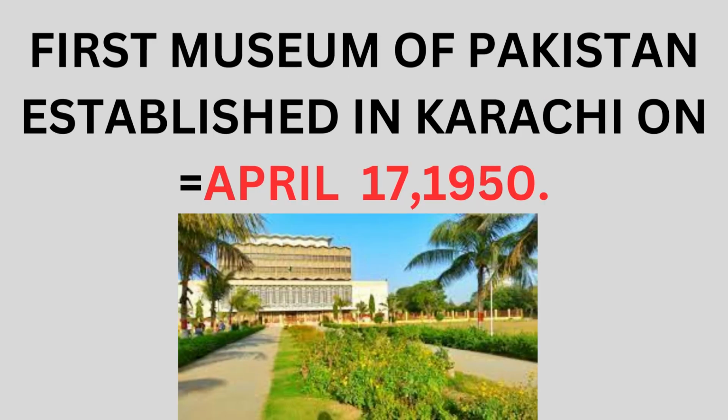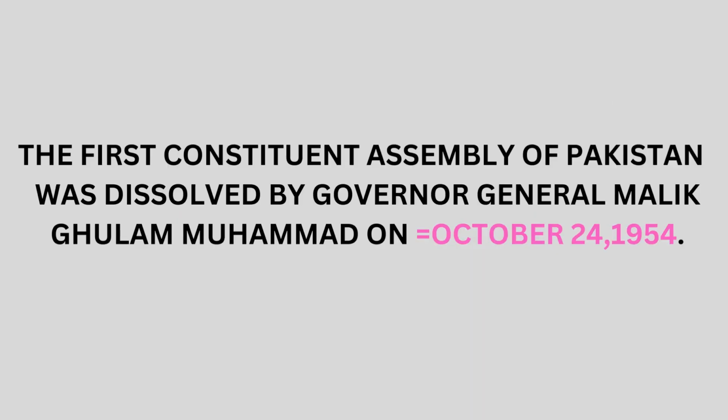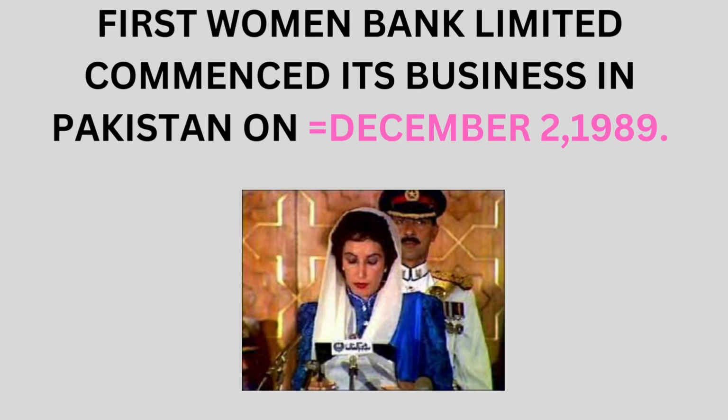And the first museum of Pakistan was established in Karachi on 17 April 1950, and the first Constituent Assembly of Pakistan was dissolved by Governor General Malik Ghulam Muhammad on 24 October 1954.